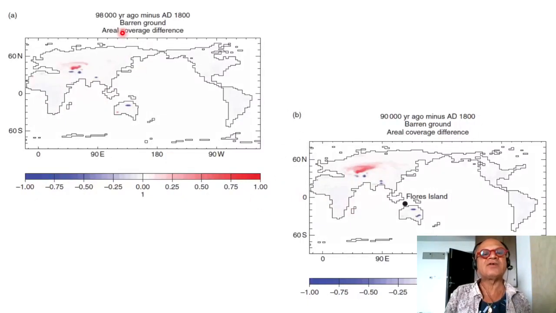So 98,000 years ago, barren ground aerial coverage difference, and this is 90,000 years ago. You can see that compared to 1800, beginning of the industrial era, in these places there was more aerial coverage of the barren land.